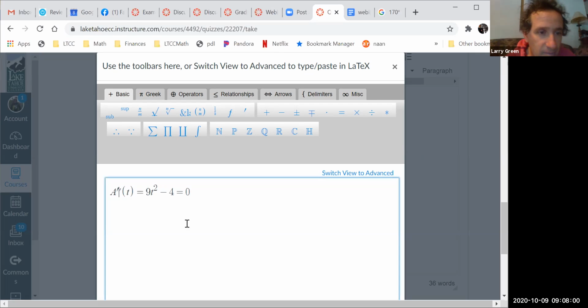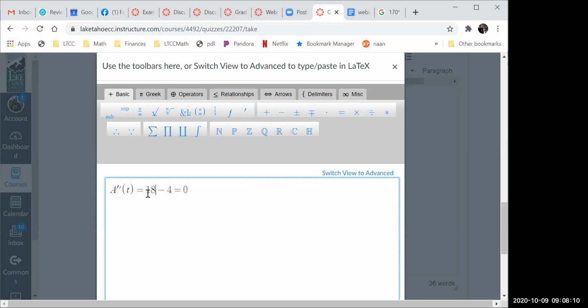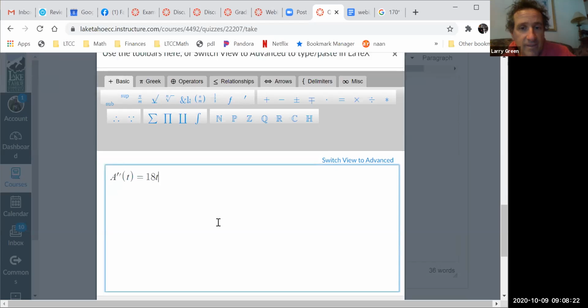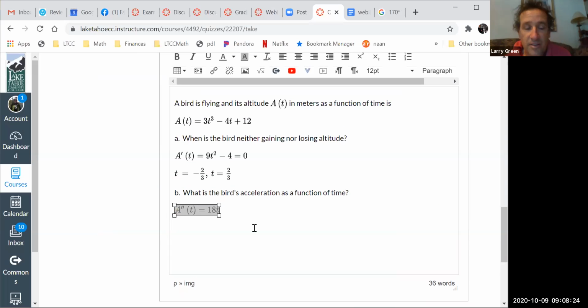There we go. So a double prime of t, what's the derivative of 9t squared? 18t. What's the derivative of minus 4? 0. There's our acceleration. Okay, and I'll just leave it at that. And that's our answer. Any questions at all on this example?